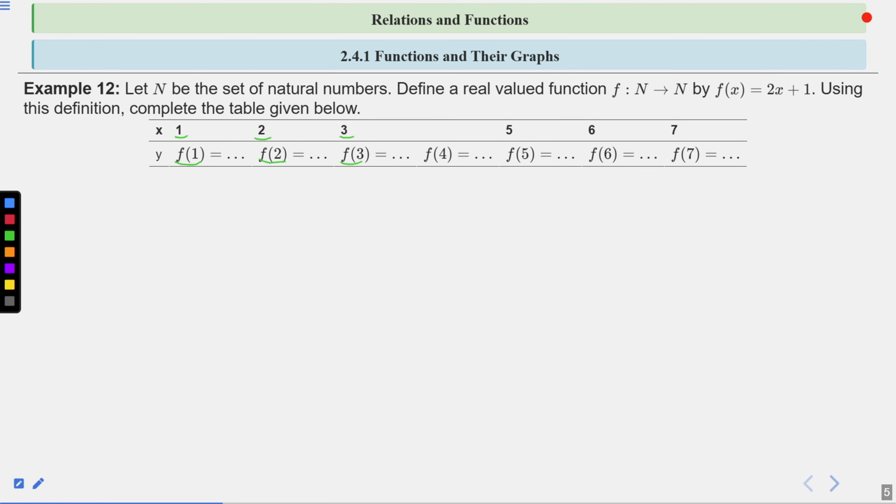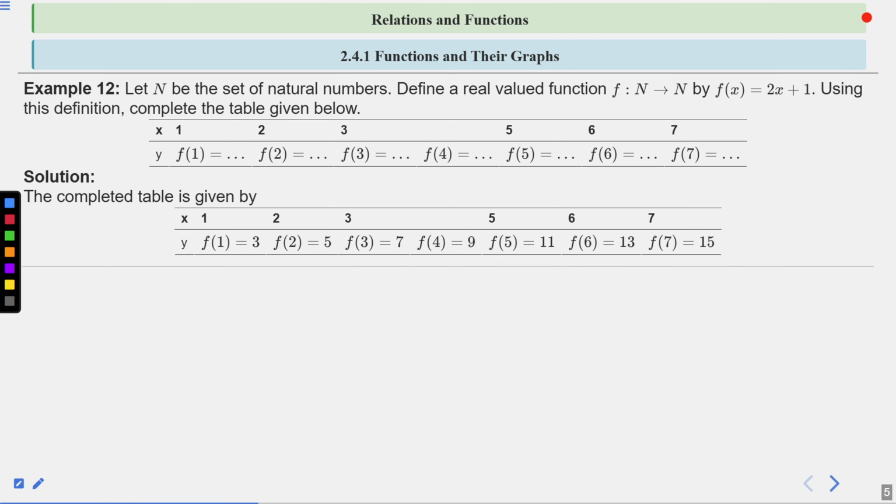Clear? And so on. So solution, quite simple. The completed table is given by this: f of 1 is going to be 3. Why? You just have to substitute 1 over here. So 2 times 1 plus 1 is what? 3.